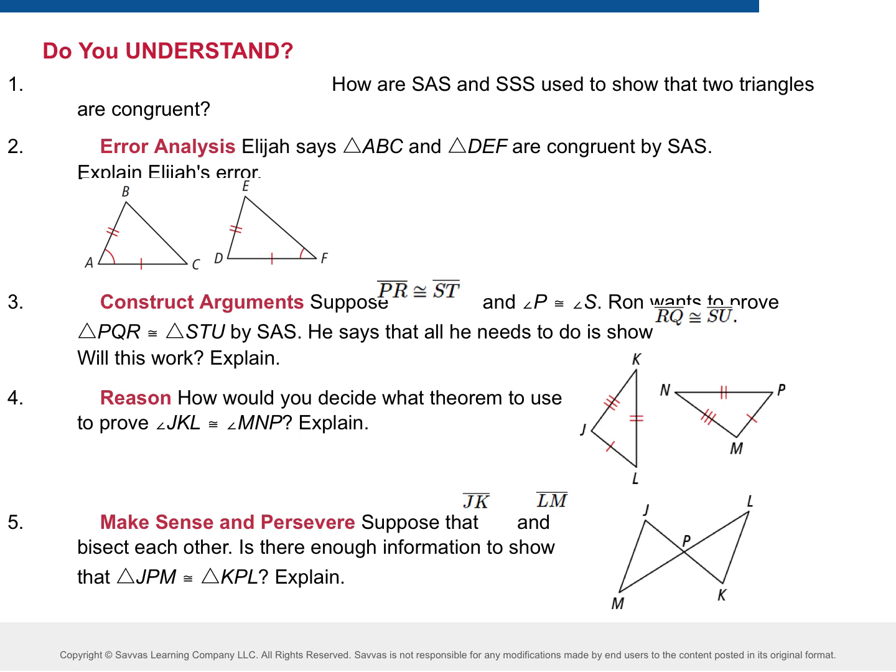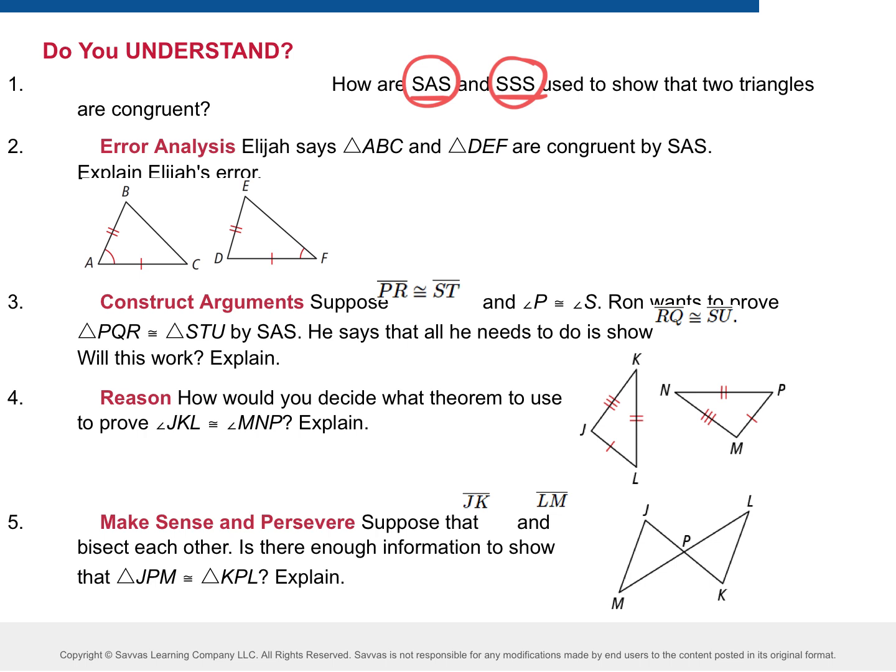If 2 triangles satisfy side, angle, side, or side, side, side, what does that tell us about the whole triangle? Congruent. The whole thing's congruent, right? So if either of these satisfy, the whole triangle is going to be congruent. Okay, so in order to be congruent, these 2 have to satisfy, one or the other. Number 2, error analysis. It says Elijah says triangle ABC and triangle DEF are congruent by side, angle, side.